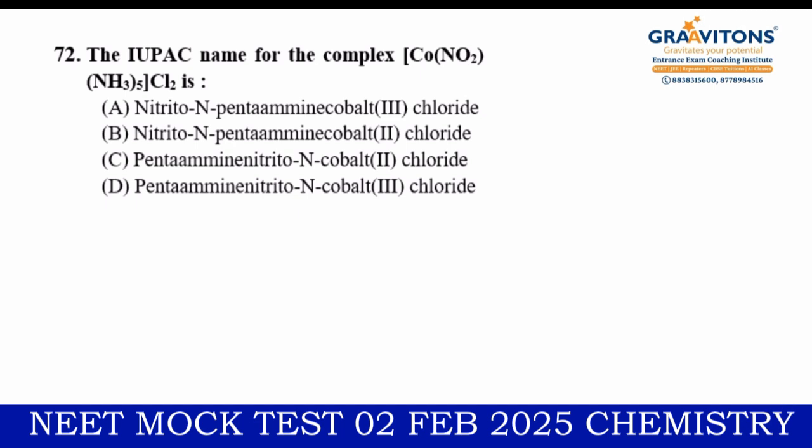72. The IUPAC name for the complex is, so it is given pentaammine, and nitrogen is connected here, and this being a negative ligand, it should be nitrito-N. Okay, then cobalt. What is the oxidation state of cobalt here? It is 3.